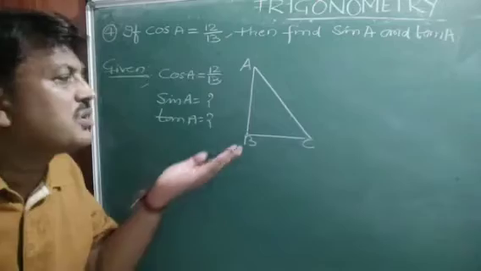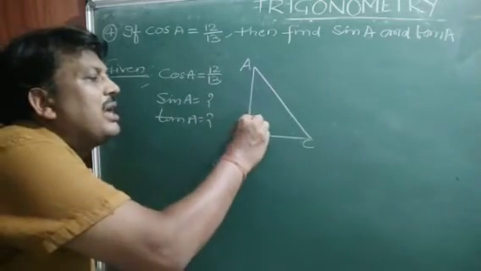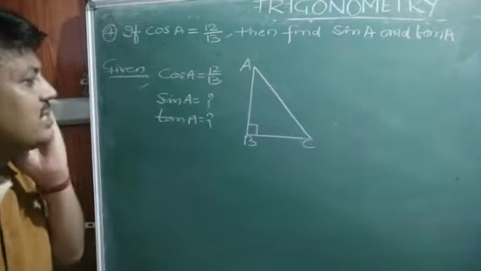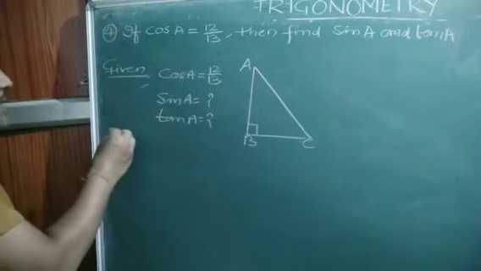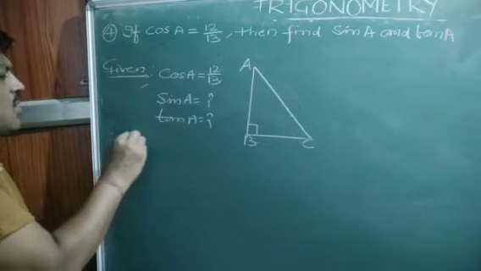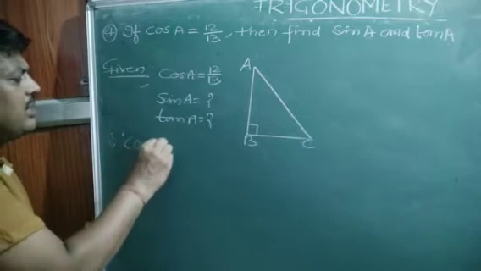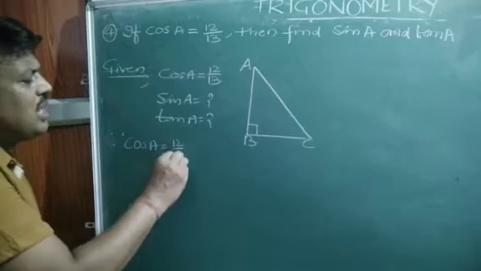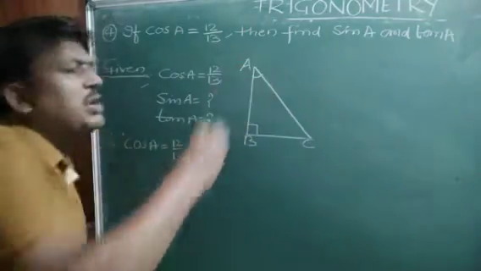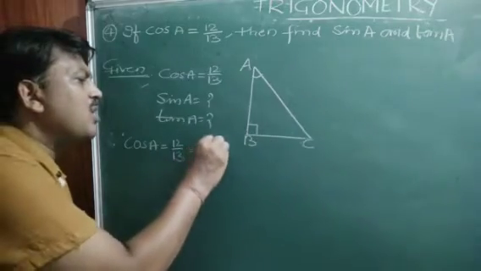If not mentioned, you can take any angle as 90. Here I am taking angle B as 90. Okay children. So after this, what do we have to do? So children, what is given? Since cos A is equal to 12 upon 13, and the value of cos with respect to A is what, children?